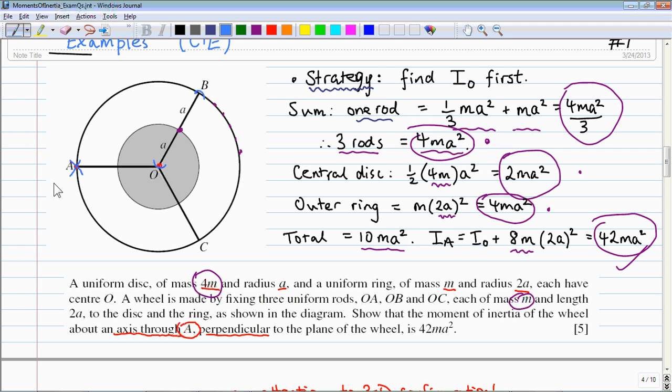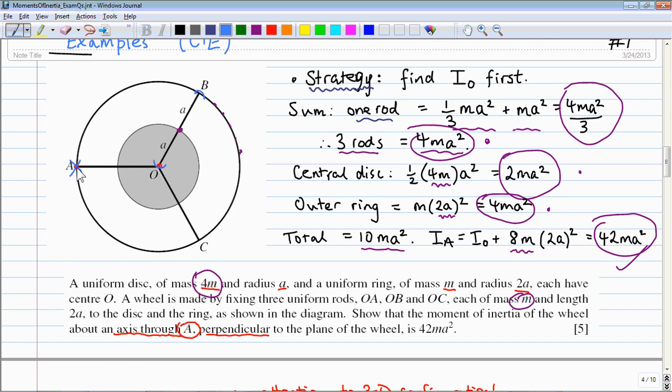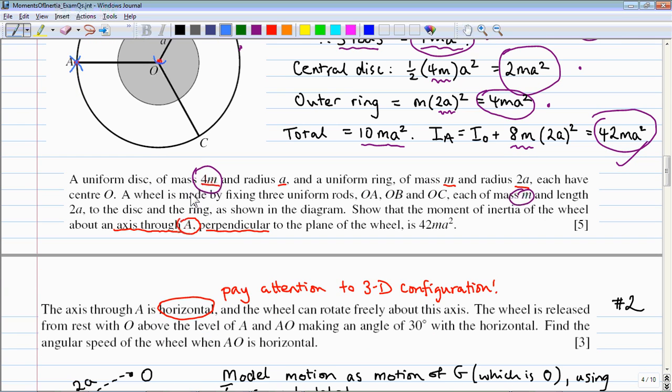Is that motion in a horizontal plane, or is it in a vertical plane, or something else? Well, it will never be something else. Here the motion is actually in a vertical plane, because if the axis through A is horizontal, imagine the axis coming out of the screen and this whole system falling clockwise around that pivot, so falling under gravity. So this is a vertical setup.